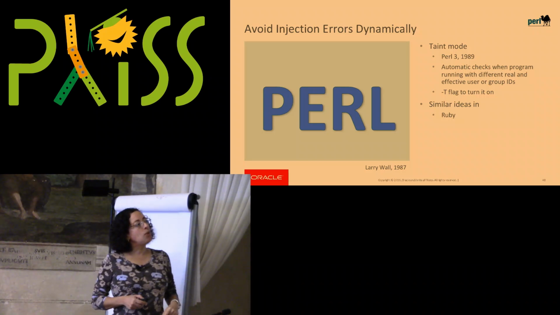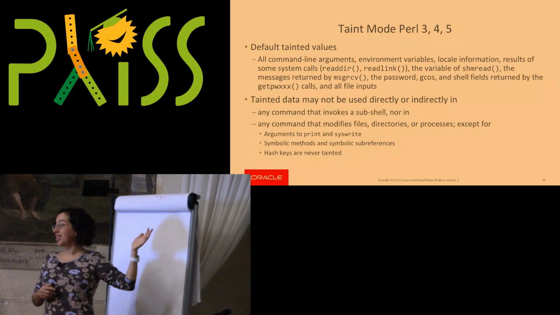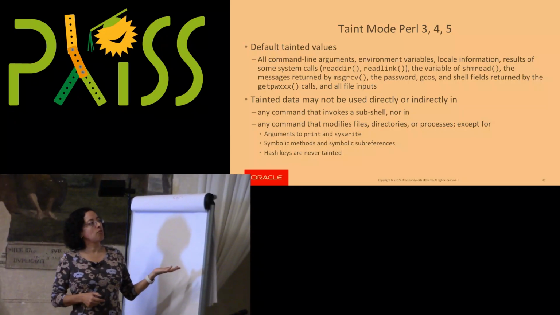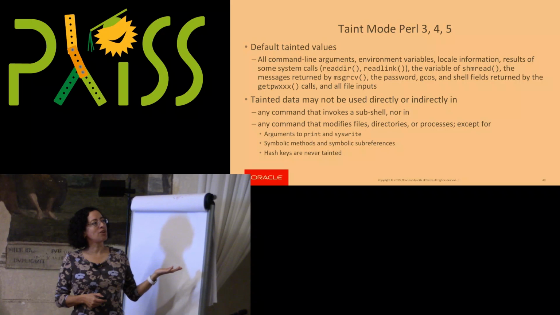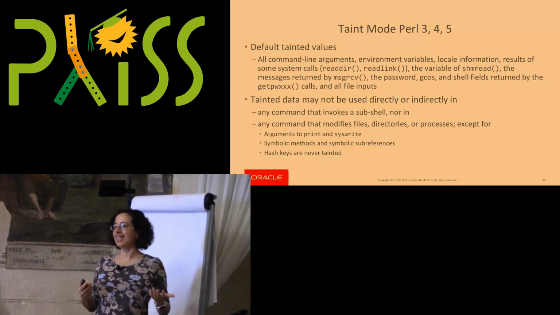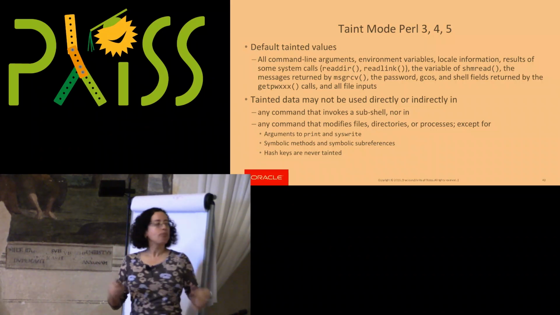And they have a way of doing this by having certain defaults. Anything that comes from the command line arguments, anything that comes from an environment variable, and so on, by default is coming from the user, so it is tainted data. Those are your entry points.